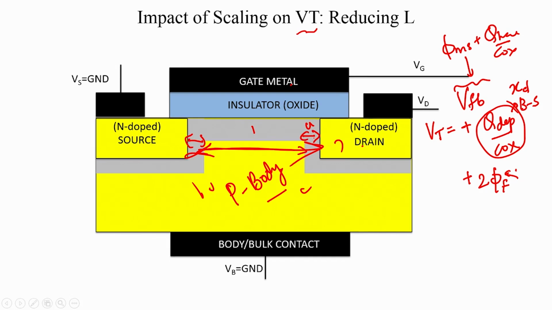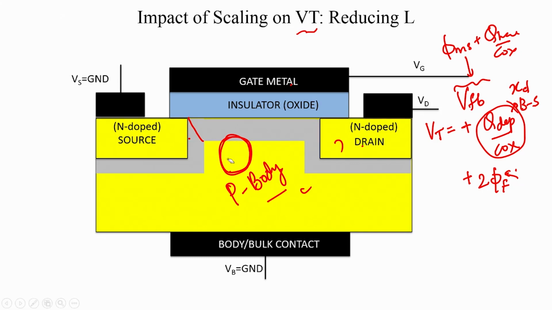In that case, it really does not make too much of a difference whether the gate depleted that much or this much, because this portion is a small percentage of the entire channel area. So, the gate can be said to be depleting the entire area, which is about W into L. That is the area that the gate has to deplete.